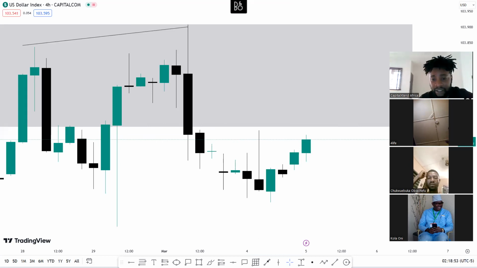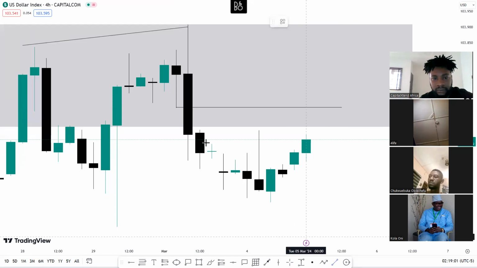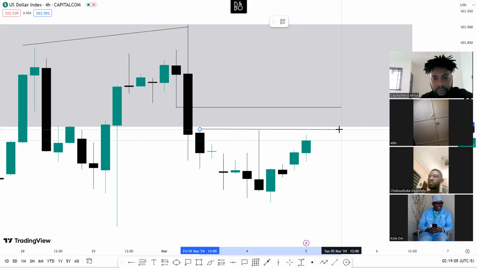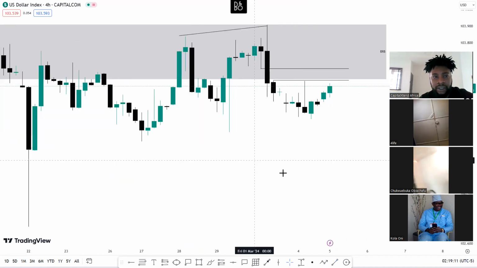Where is my internal range liquidity? I have this 4-hour gap here.